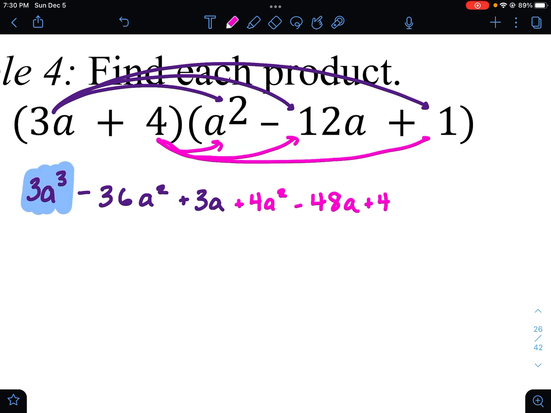I have a 3a cubed. That's all I have. So 3a cubed. Then I have a minus 36a squared and a plus 4a squared. So that gives us a minus 32a squared.